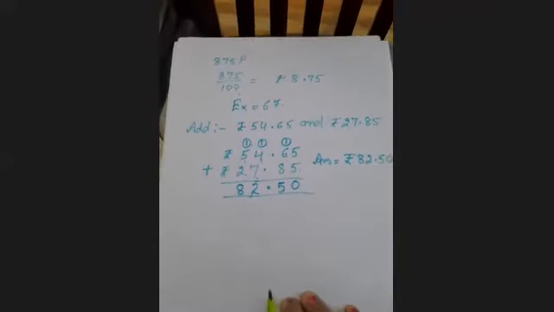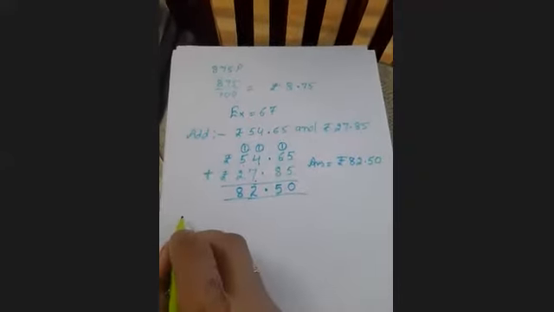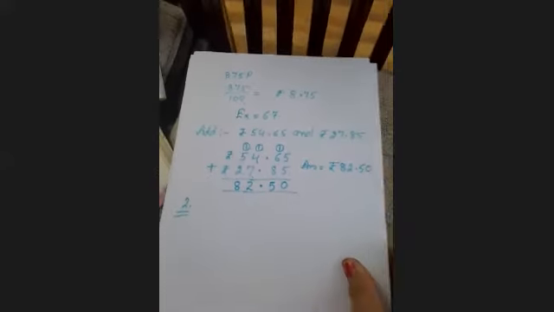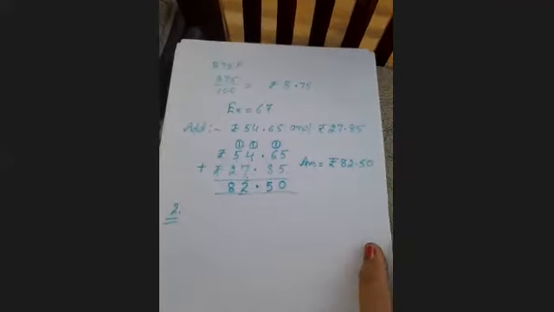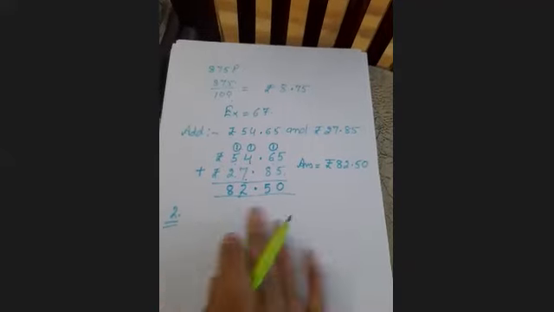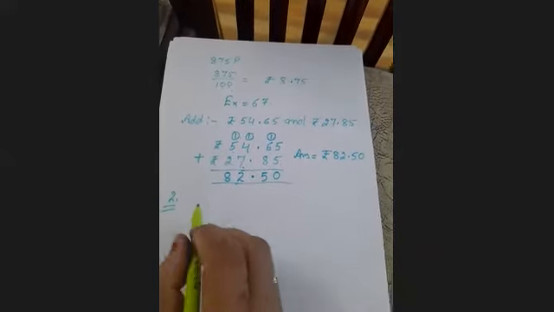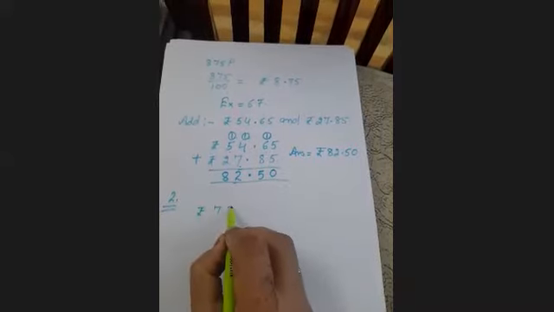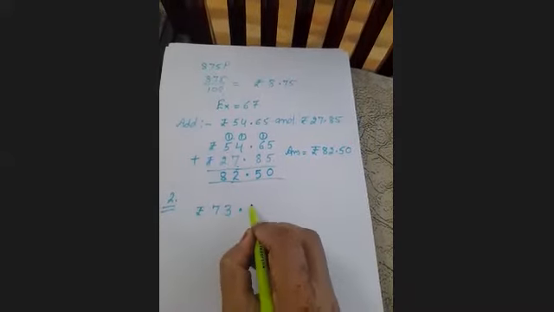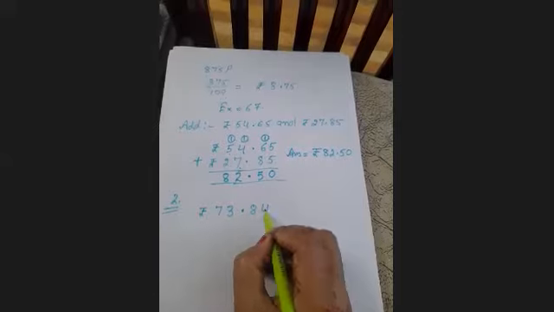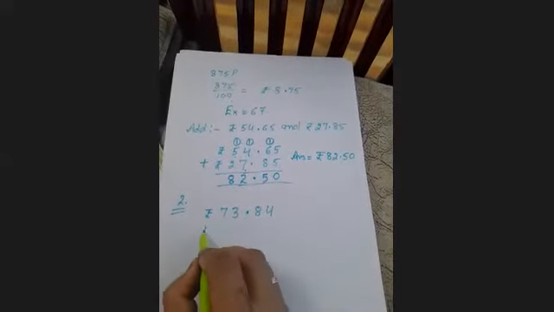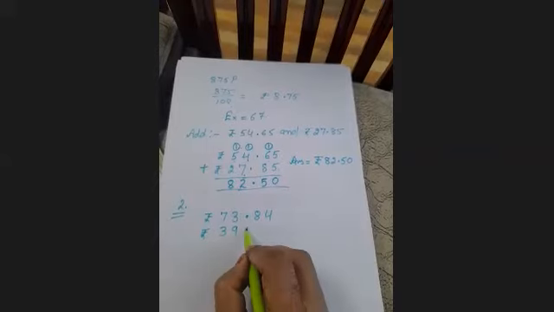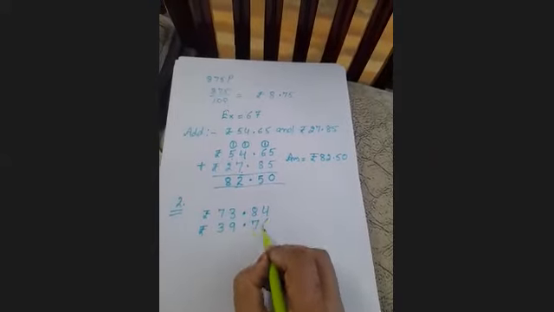Next is the second question. Exercise 67, second question. Now our statement is add rupees 73 and 84 paise, and rupees 39 and 76 paise.